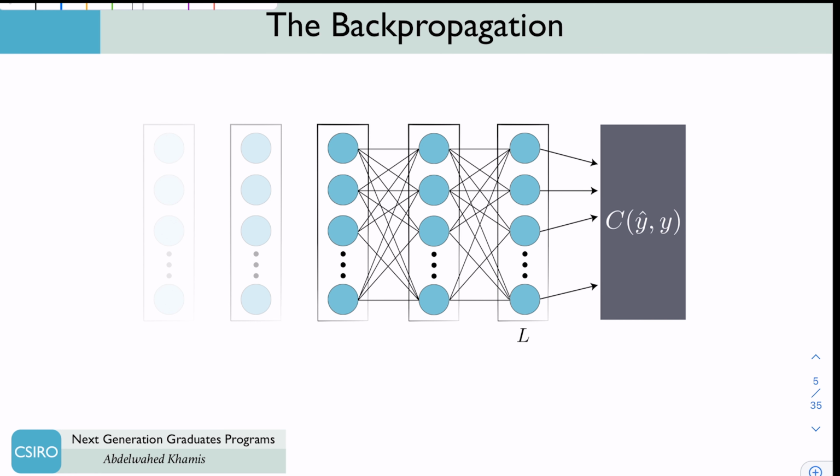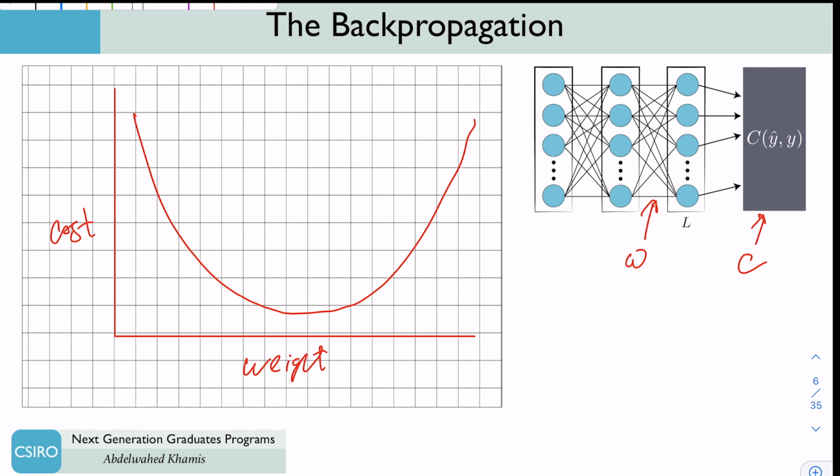So for example, if you have a weight value here, you might have the corresponding cost like here. And for this one, the corresponding cost is this. And for this one is this, okay? Now, let's assume that you already have a function for all possible weight values, something like this.